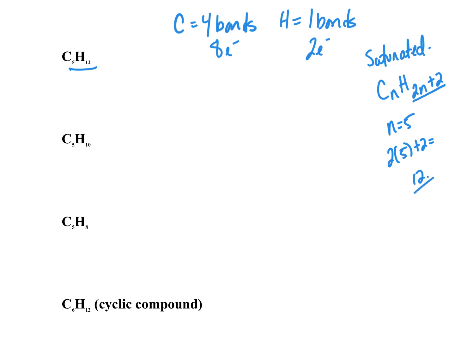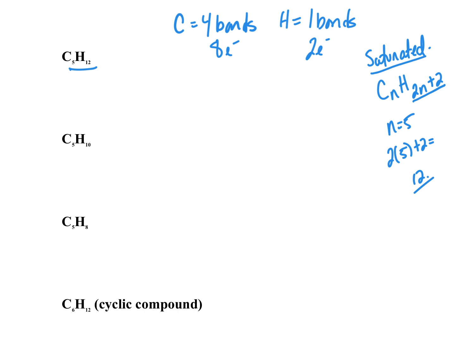Now, you don't have to know that in order to figure out how this structure goes together, but I'm just showing you that that's a possibility, okay? So when we have C5H12, that would be a saturated hydrocarbon. The term saturated means that you've got the most hydrogens you can possibly have for a given area.